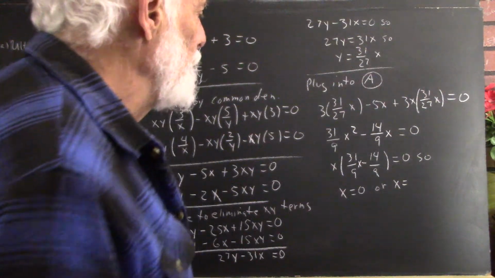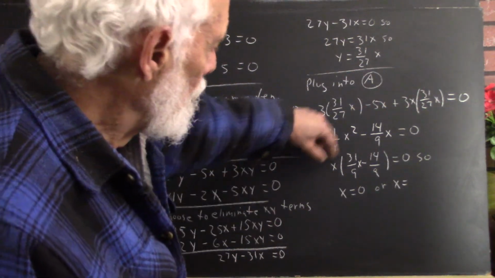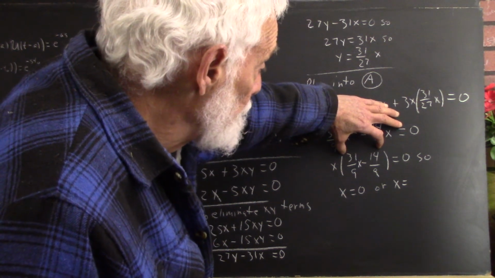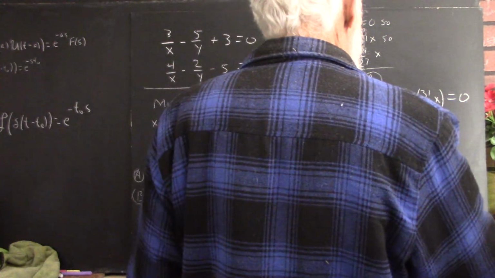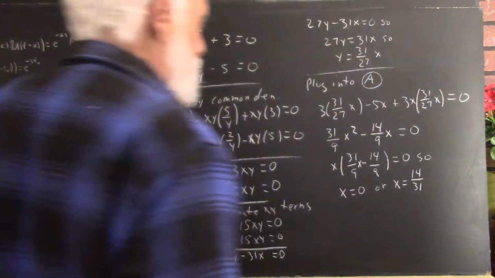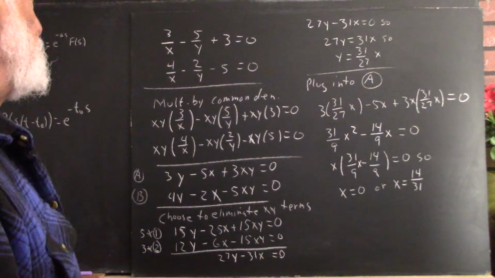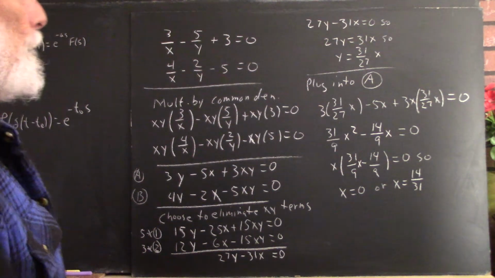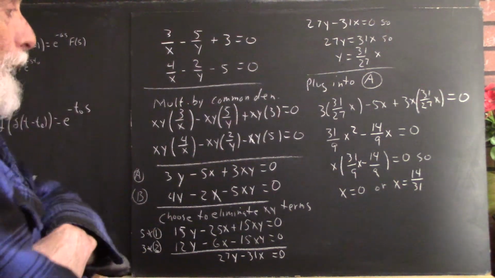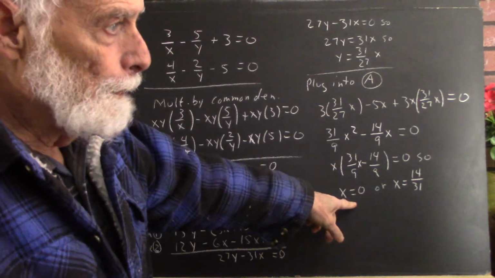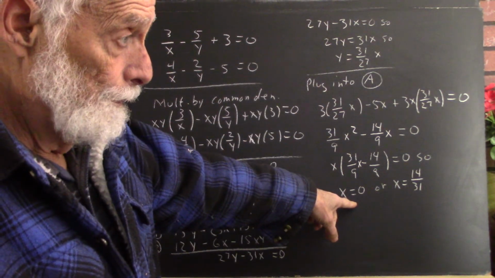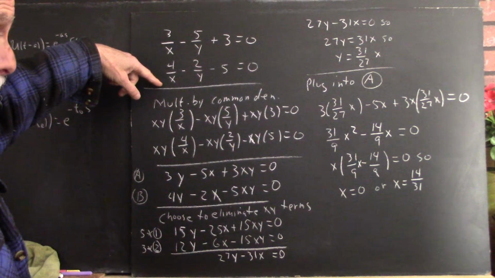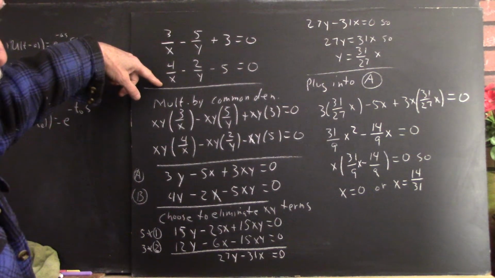So x would either be 0, or setting this equal to 0, it's pretty easy to solve. You get 14 over 31. Now, x equals 0 is not a possible solution, because your original equation had x in the denominator. And you can't have a 0 in the denominator.